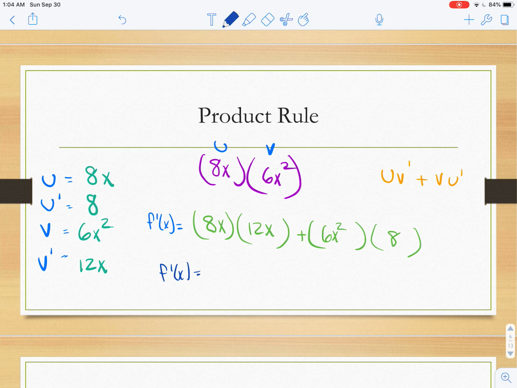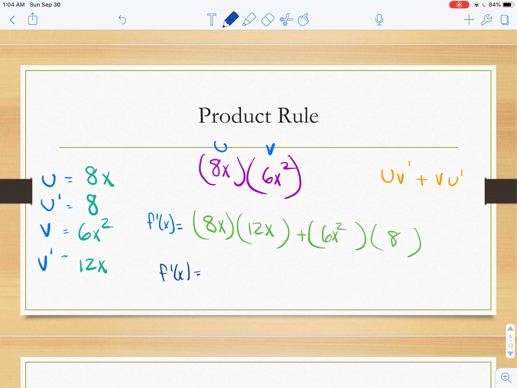So now we plug everything in. We have our u, which is x plus 2, multiplied by our 2x, plus v, which is x squared plus 5, times our u prime, which is 1. You can leave your answer just like this, but I'm going to try to combine this.